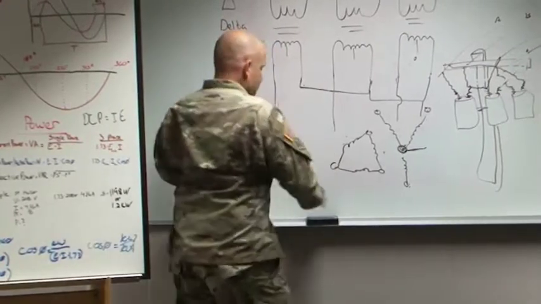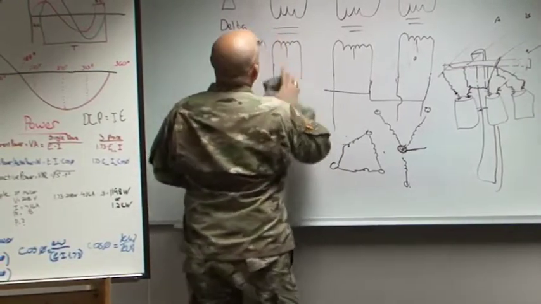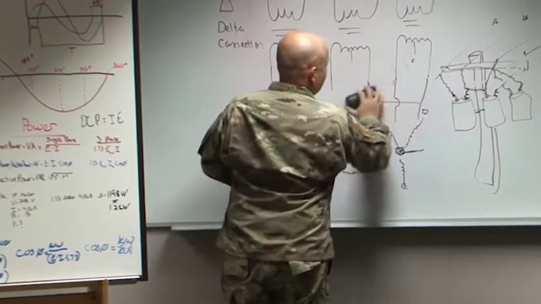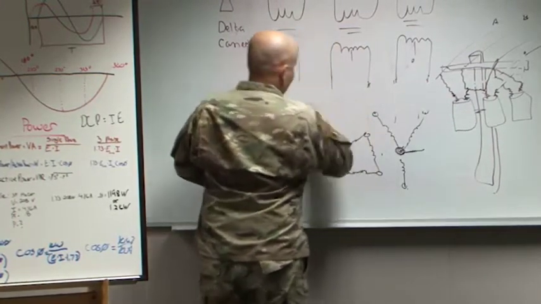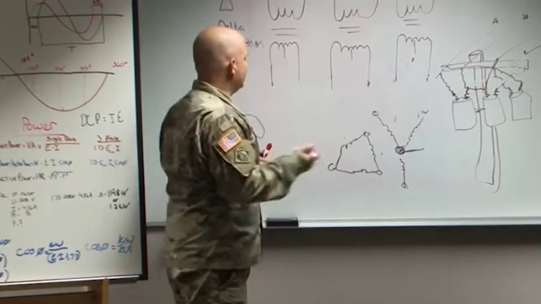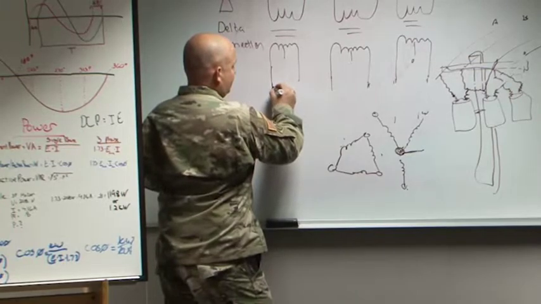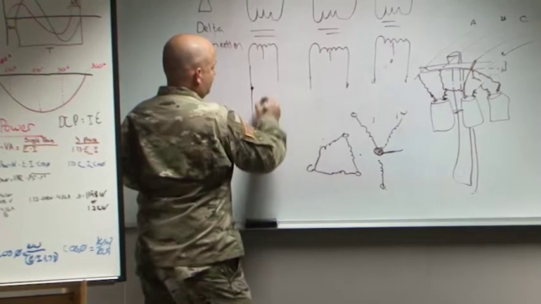All right. So up here we still have our delta. This was a Y connection down here. But what if I want to do the delta? Well, literally it's the same thing. So I'm going to come down here. I'm going to say A connected, right?